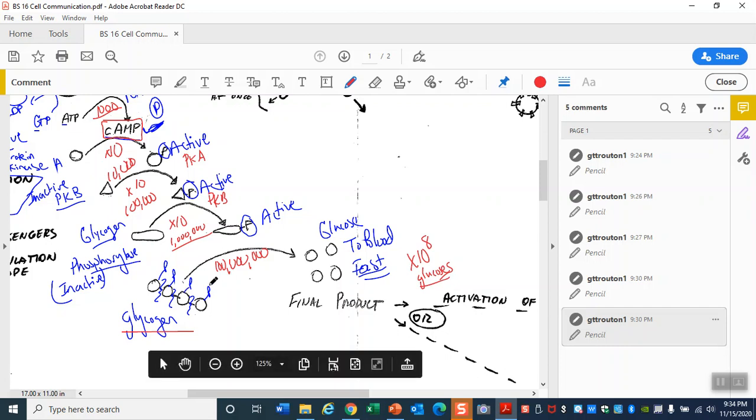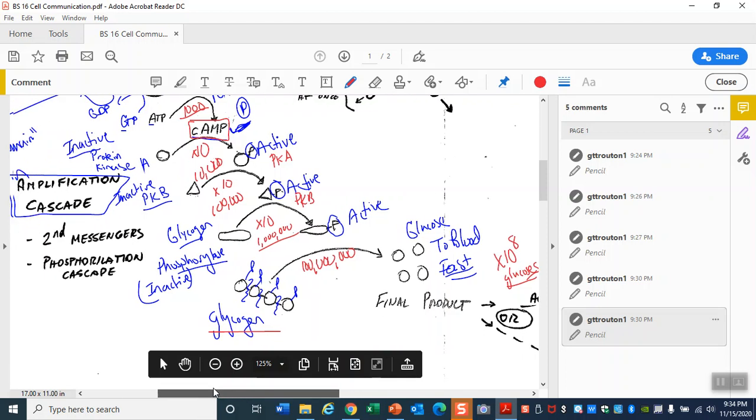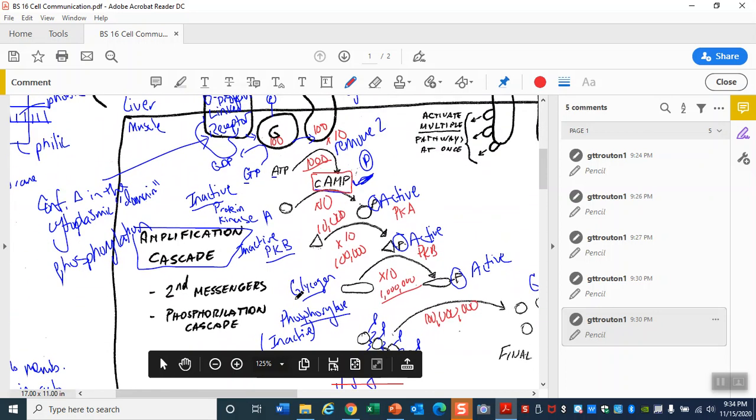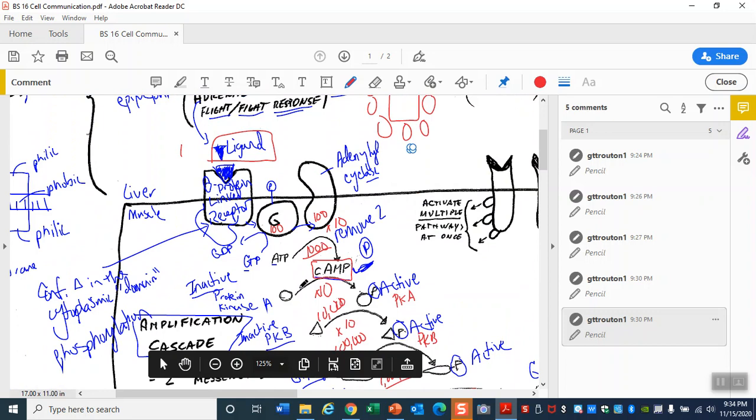Quick, magnified in huge amounts, ready to use by cells that need to do cellular respiration immediately, right?